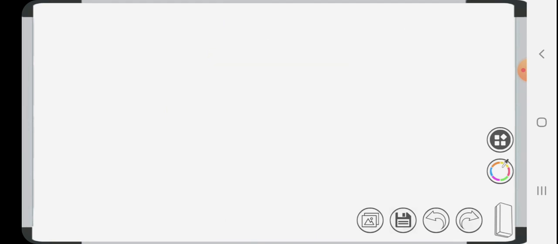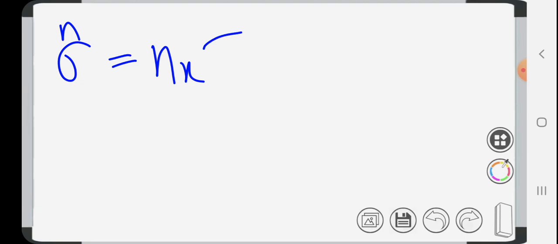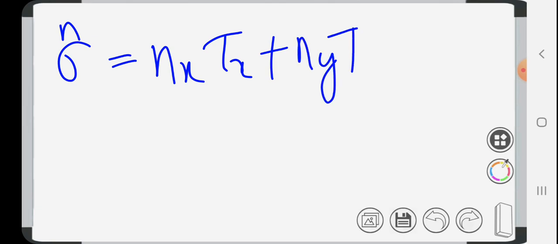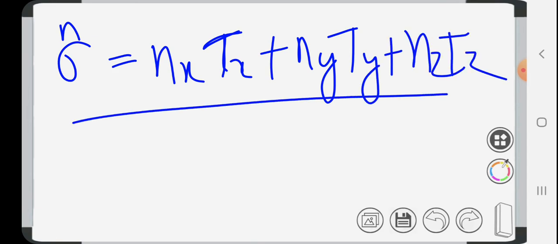So how can we find sigma n and tau n? Sigma n can be found using the equation nx tx plus ny ty plus nz tz. This is how we find the normal component.